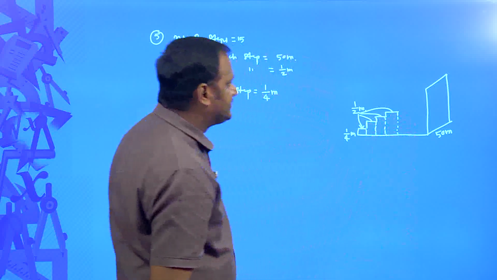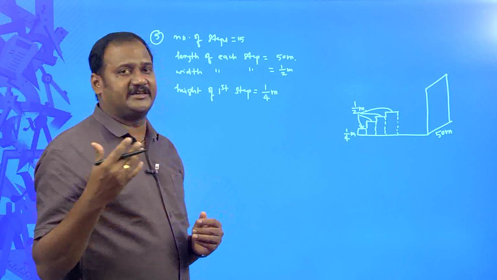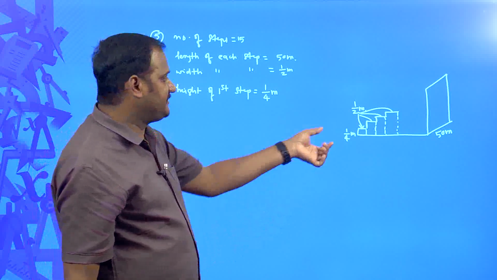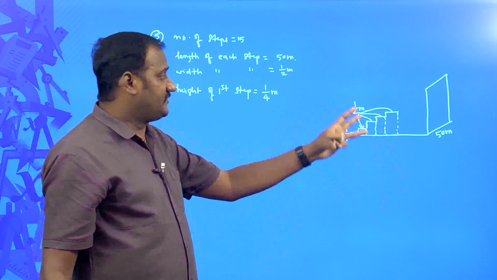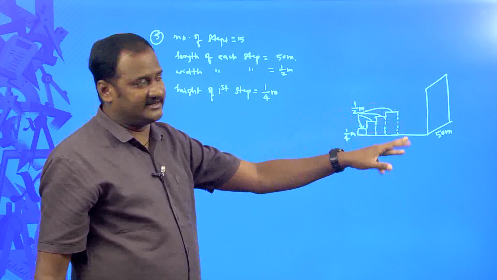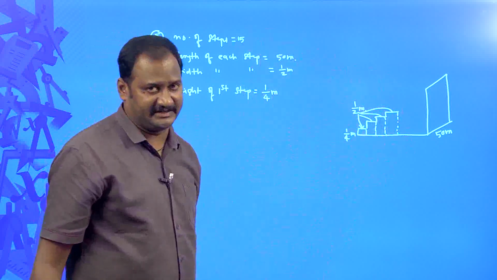For every single step the thickness of 1/4 meter keeps on adding. For the first step it is 1/4 meter, for the second step it is 2 times 1/4 meters, for the third step it is 3 times 1/4 meter, like that. For the 15th step it is 15 times 1/4 meter.